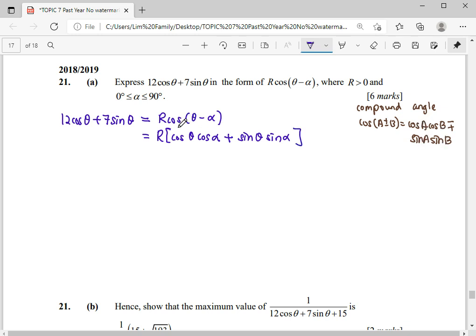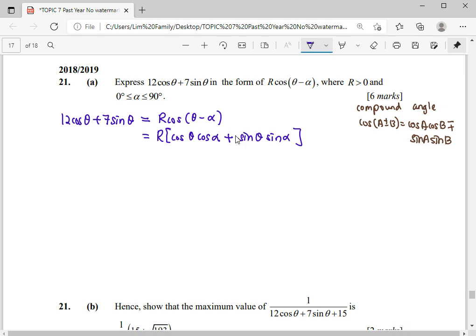Okay, cos A cos B, sin A sin B. So minus becomes plus, the operation will be inverse, not the same. Then sin A, angle A is theta, angle B is alpha.